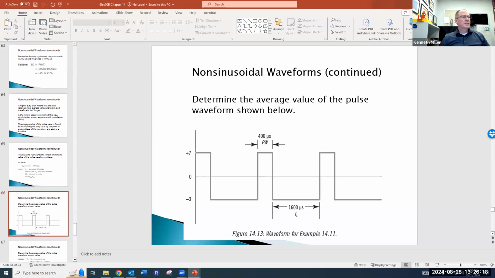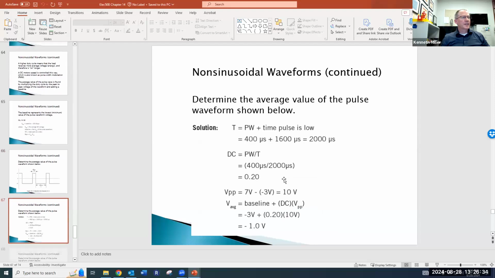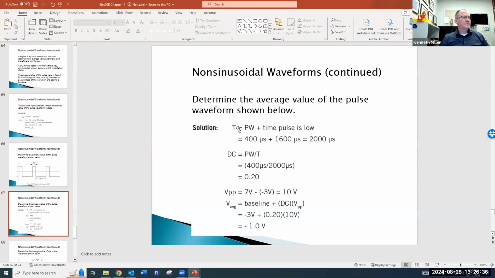All right. So if we were to determine the average value of the pulse width waveform shown below, so it's on for 400 microseconds at 7 volts, and it's off for 1600 microseconds at -3 volts. Calculations would be the time equals the pulse width plus the time the pulse is low, which would be 2000 microseconds.